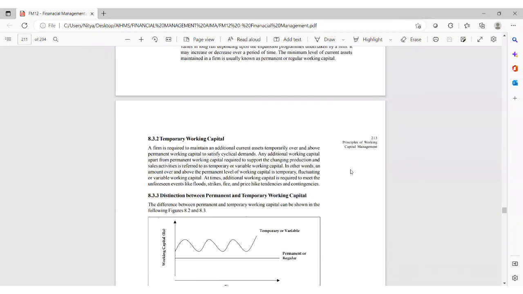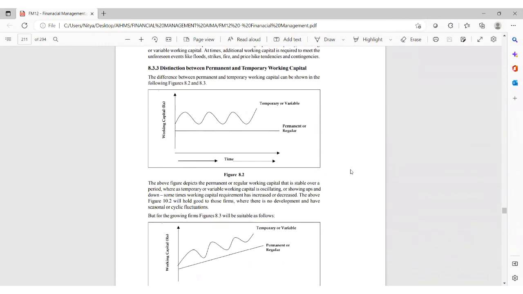Now, if I talk about temporary and permanent capital, you can just have a look. This line parallel to my x-axis is the permanent or regular working capital, that is always involved in the business, whether it is the peak time or the lean time for my product, but this will always be there in the business. That means a minimum amount of capital that is always involved in the organization.